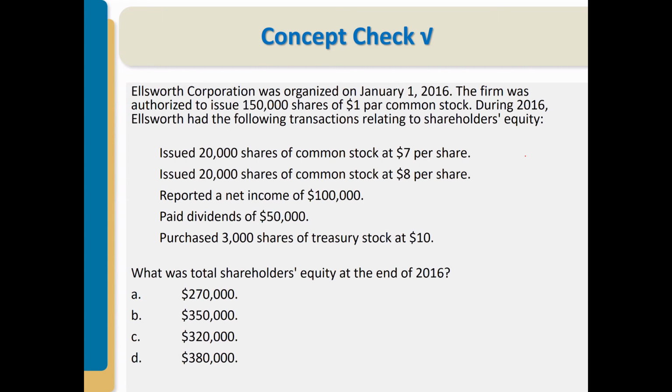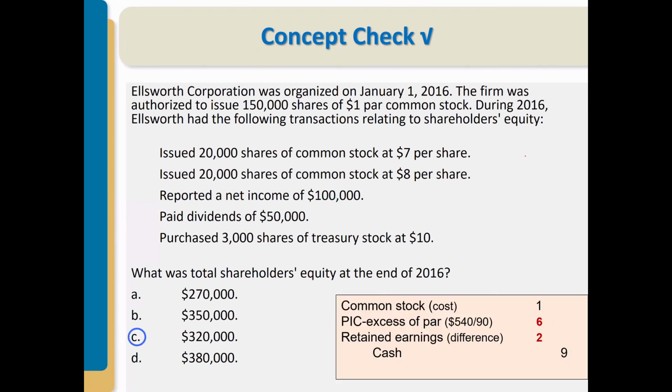So this one just gives you practice. What is total shareholders' equity? You can practice it yourself. When you issue shares, you increase shareholders' equity. Net income increases shareholders' equity.